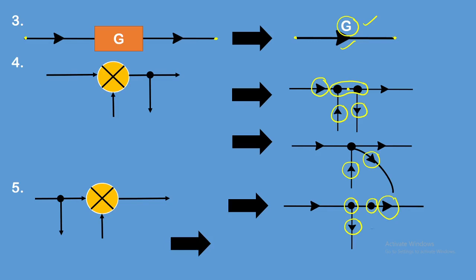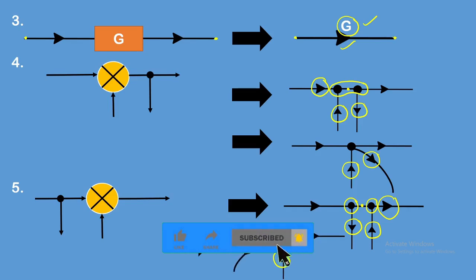You observe that this can also be replaced with a single node, because there is no signal in between these two nodes. One signal is coming inside, another is going outside. So from the takeoff point the signal is going outside, for the summing point the signal is coming inside, and you can replace it like this also. So these are the different ways you can convert a block diagram into a signal flow graph.